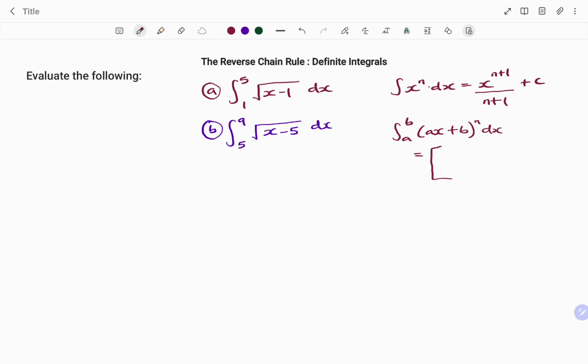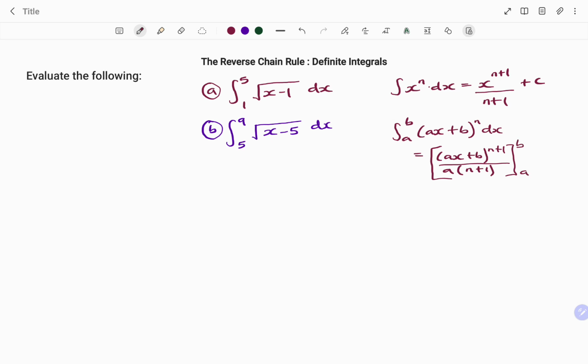We increase the power by 1, so we still have (ax plus b) to the power of n plus 1 divided by, we differentiate the content of the bracket, so that's going to be a, and then we multiply that by the new power, that's n plus 1, and put in a boundary from a to b.